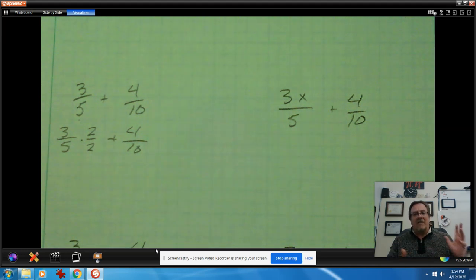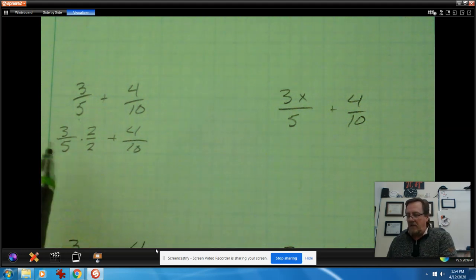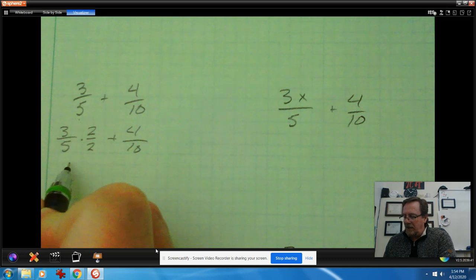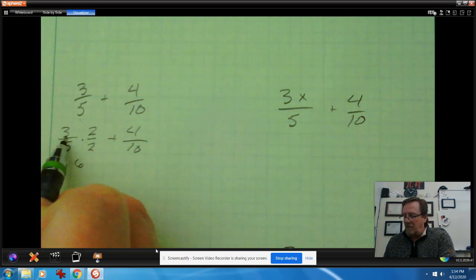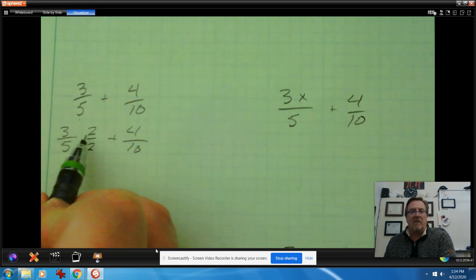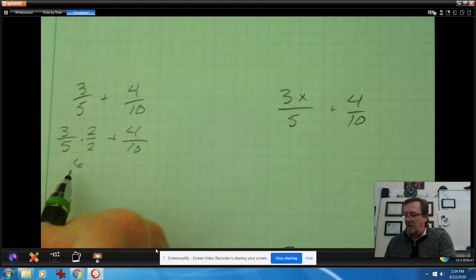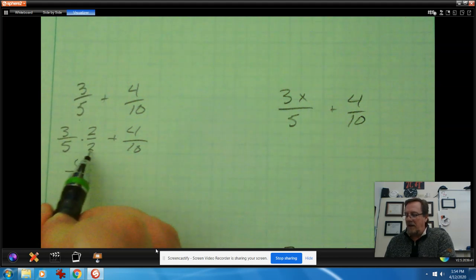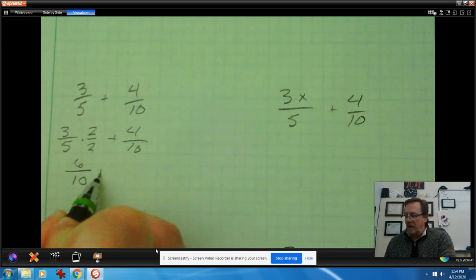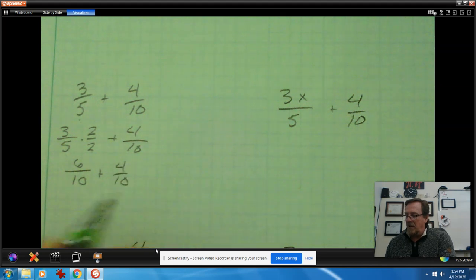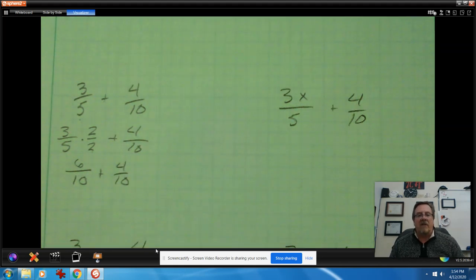It's kind of like unsimplifying it. But notice if I took 3 times 2, I get 6. So when I multiply, just multiply across. 3 times 2 gives me 6 on the top, and on the bottom, 5 times 2 gives me 10. So you see, an equivalent expression to 3/5 plus 4/10 would be 6/10 plus 4/10. They really have the same meaning.